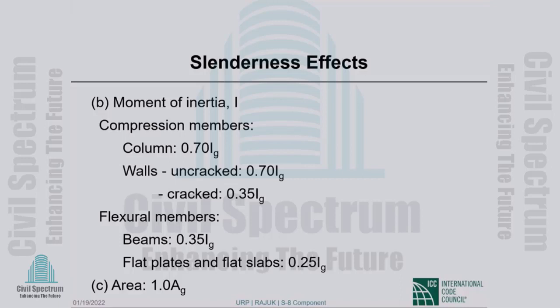Since ACI 318 has never really given us the stiffnesses to assume for structural analysis purposes, it has some general provisions, nothing specific. Most engineers started using these values given in section 10.10. And there are one or two places that are links between the two.